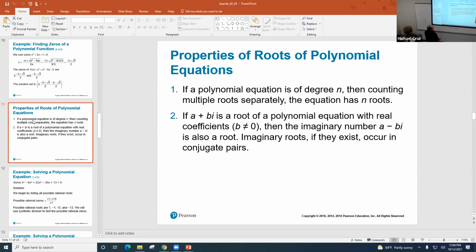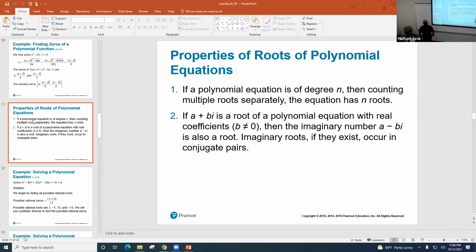So this is one thing that will help you: if you find one complex root or one imaginary root, then its conjugate is also a solution. They come in pairs when you're talking about these imaginary solutions. So in other words, if a plus bi is a root, then a minus bi is also going to be a root. So that helps you.